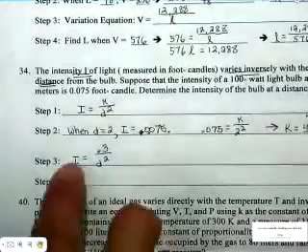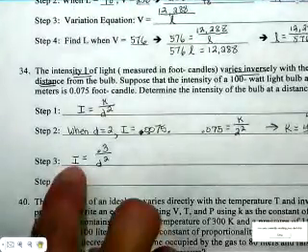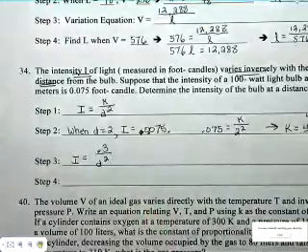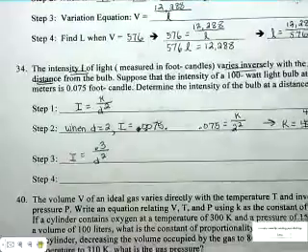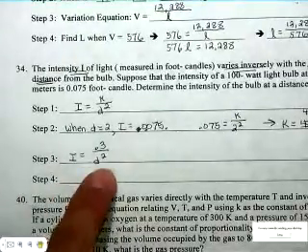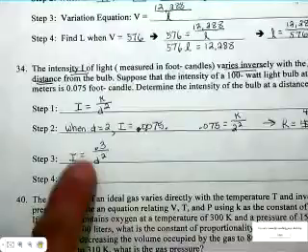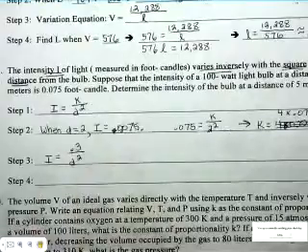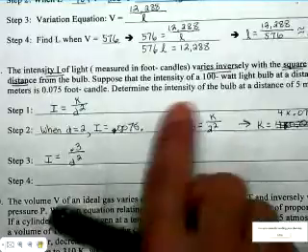This equation is for any intensity at any distance. Step 3 is write the equation. We're not solving for anything, just write the equation. Step 4, use the equation to predict whatever you're asked to predict. That's always the last sentence.